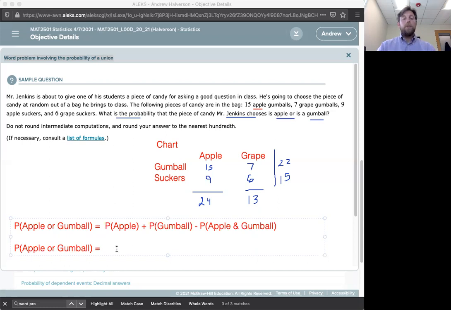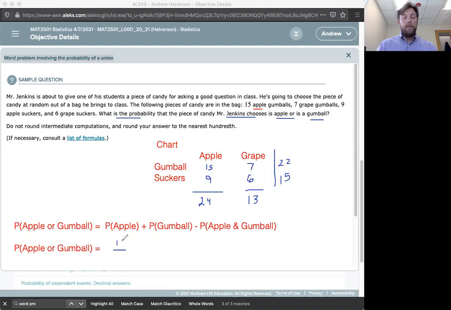Okay, so we're going to do the first one here. What's the probability of picking an apple? That's why I did the additions. How many apples do we have? We have 24 apples here, out of how many total items? Remember, it's always a fraction, numerator over denominator. The numerator is how many things you're picking.